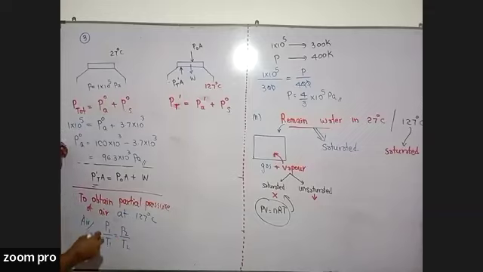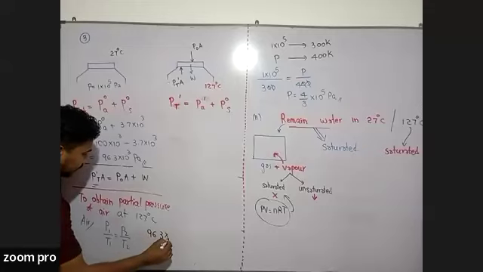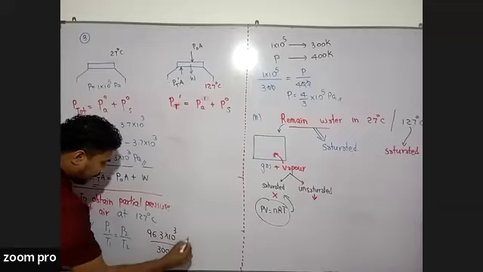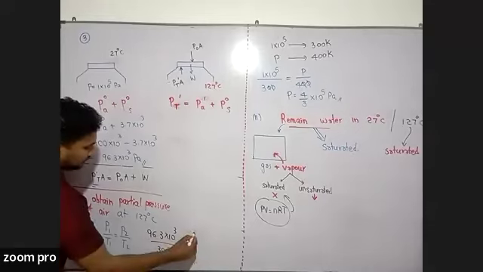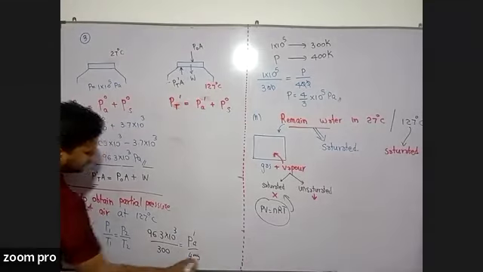Substituting, 6.3 into 10 to the power 3 over 300 equals PA' over 400.